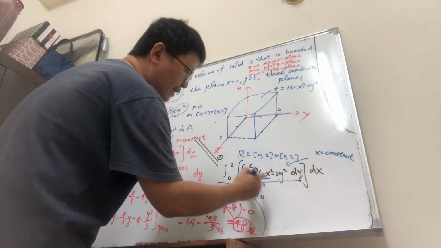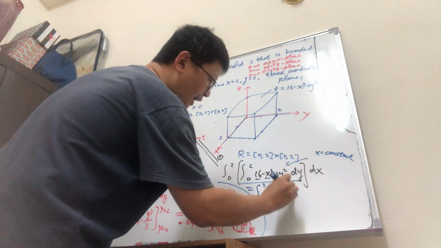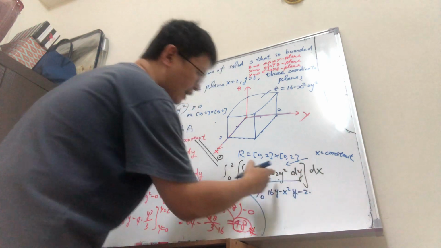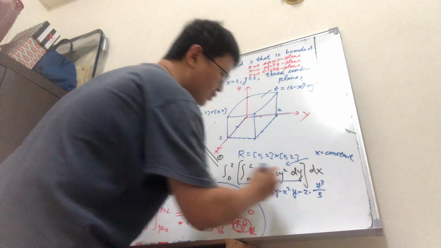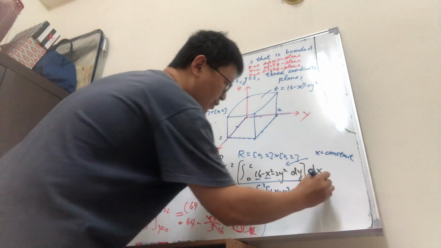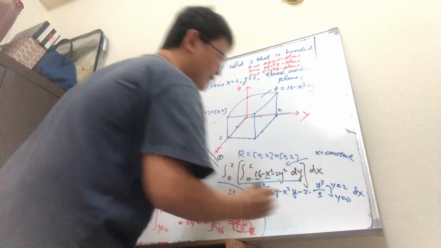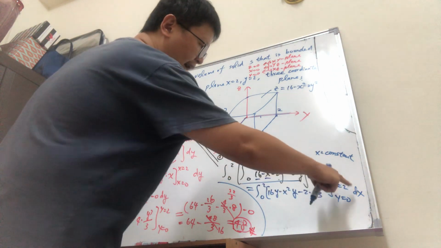So it's 16y subtract x squared y subtract 2y squared, 2 is constant, and the integral of y squared is y cubed, we should divide by 3. And y goes from 0 to 2, dx. Plug in the values 2 and 0, and then integrate by x.